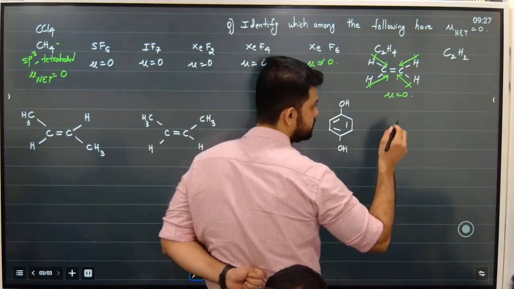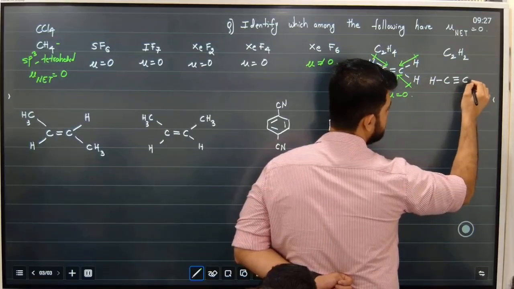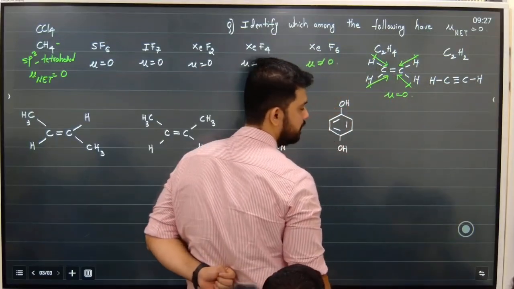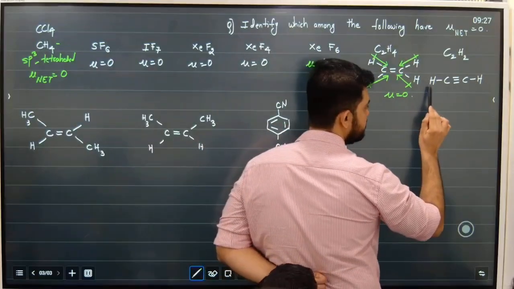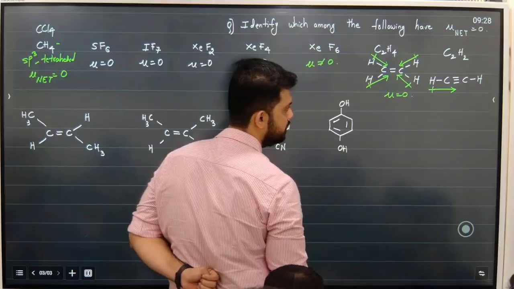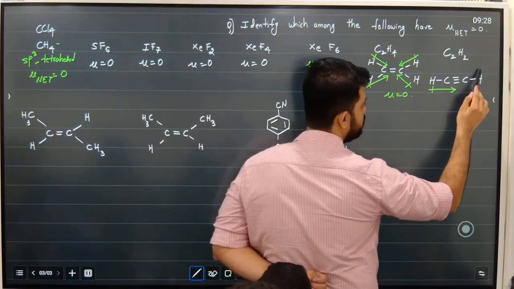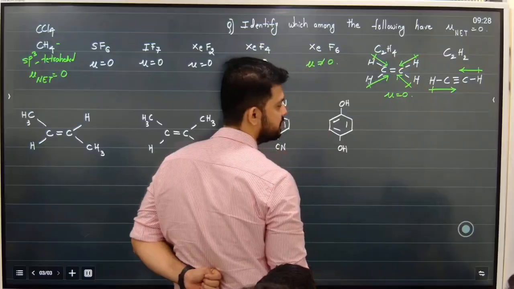Next, C2H2, which is ethyne or acetylene. We know that the hybridization is sp. H and sp hybridized carbon, the sp hybridized carbon is more electronegative. Similarly, this H and C, who's more electronegative? The sp hybridized carbon.